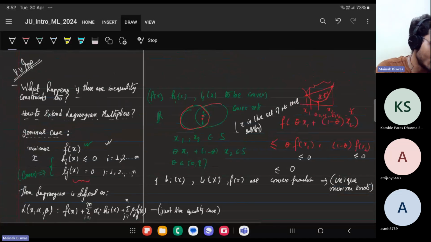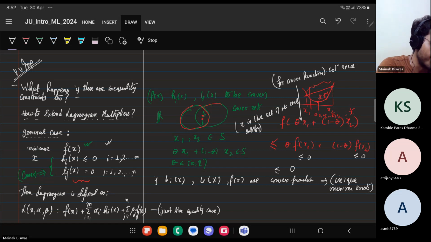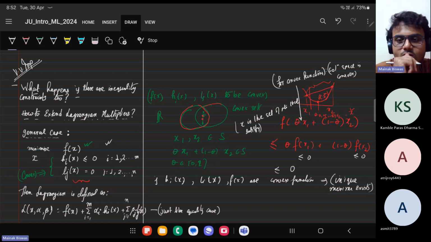This is just showing that for convex functions, the solution space is convex, right? So each of these will give me one convex space.